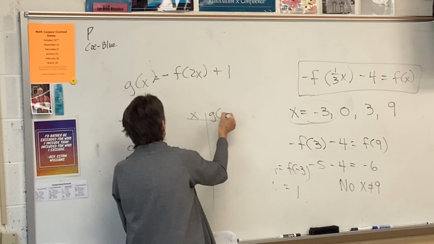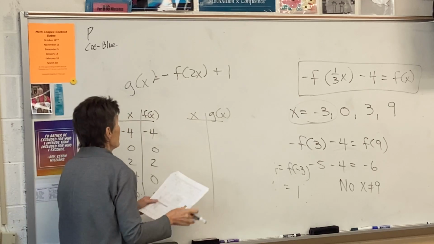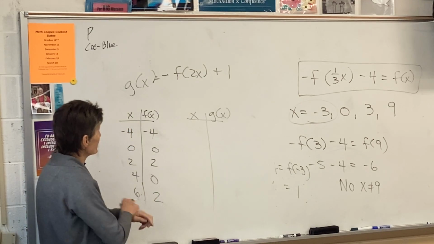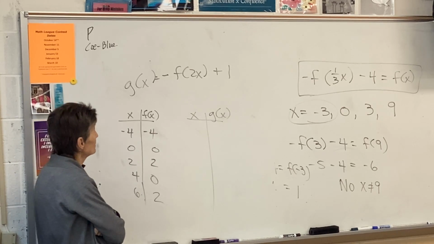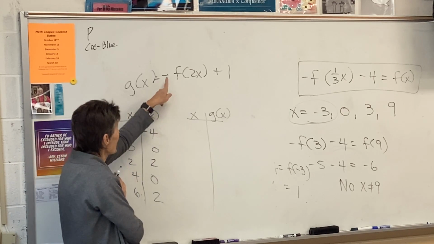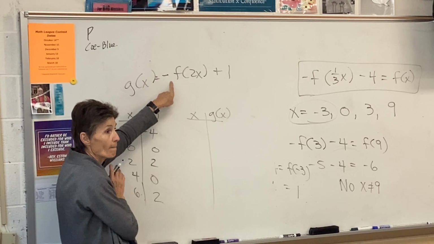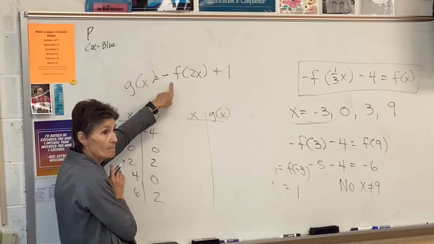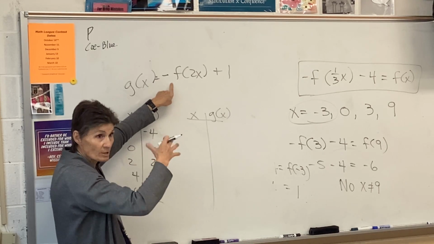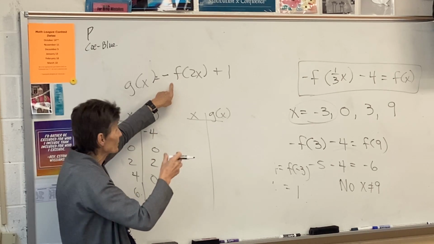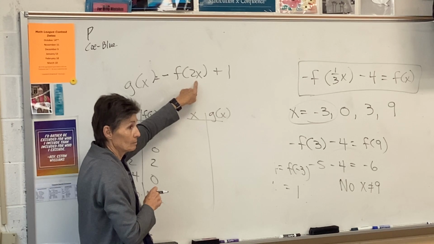So what are my new points going to be? Well, what transformations are taking place? What does that do? Makes y negative? Or changes the sign on y? What does that do?